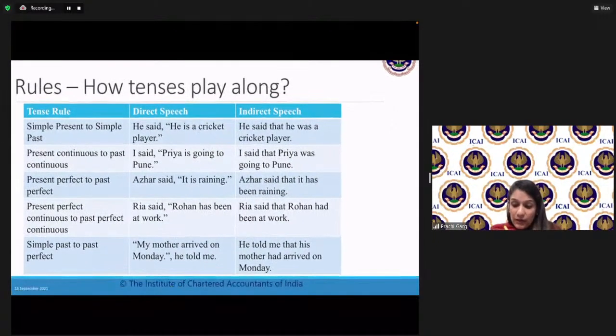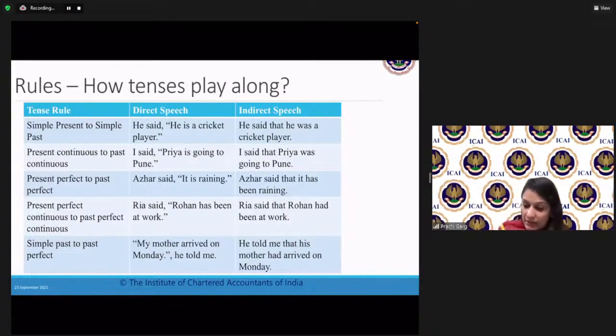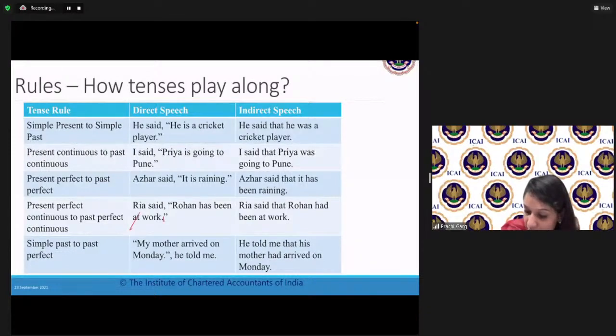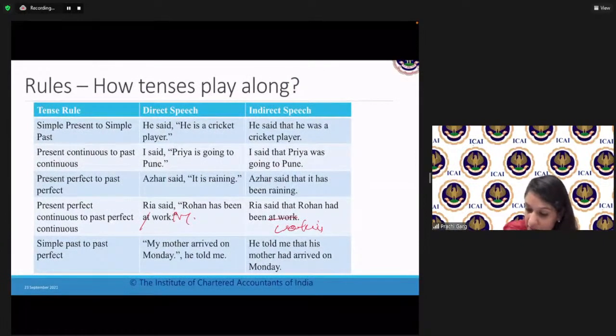Ria said Rohan has been working. Okay. Ria said that Rohan had been working. Clear? My mother arrived on Monday. He told me that his mother had arrived on Monday.